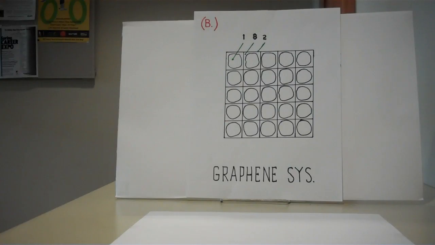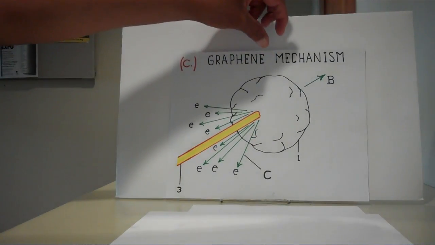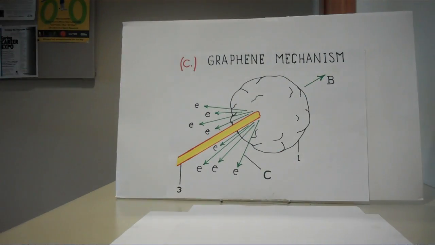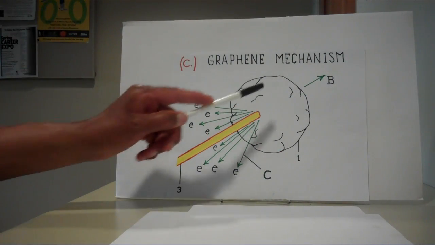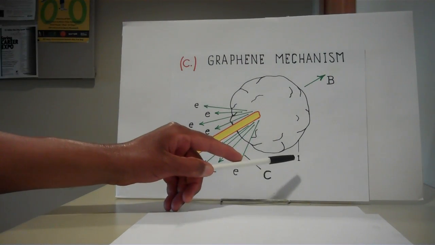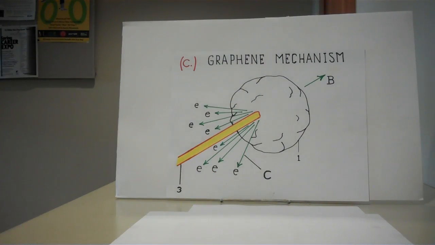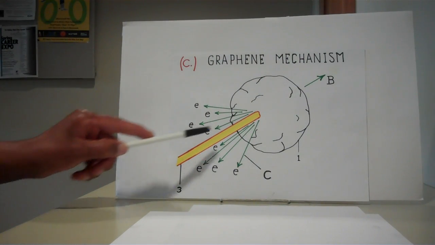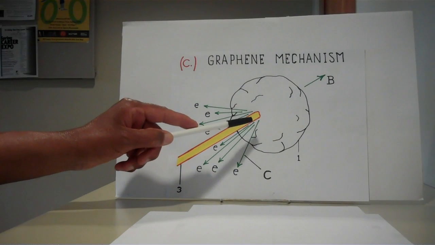Now we shall go to illustration C. This here is illustration C, which is the graphene mechanism. The graphene mechanism shows a number 1, a graphene sponge sphere, with a number 3, a laser light beam, contacting it and impinging on it.